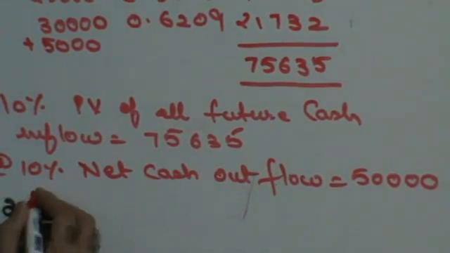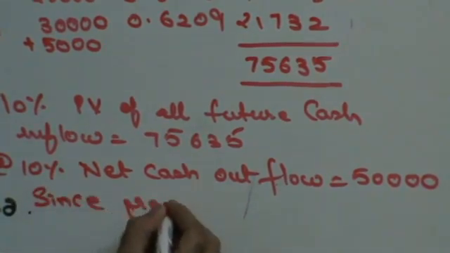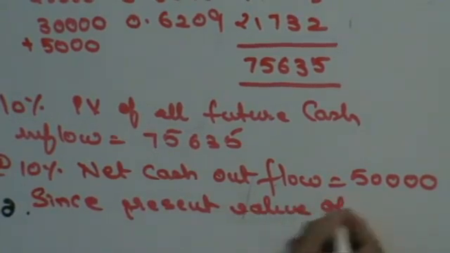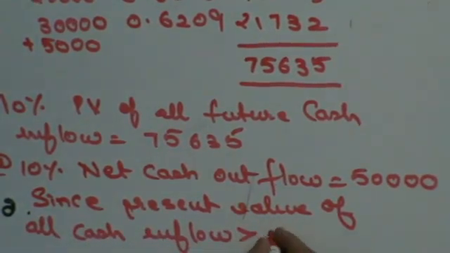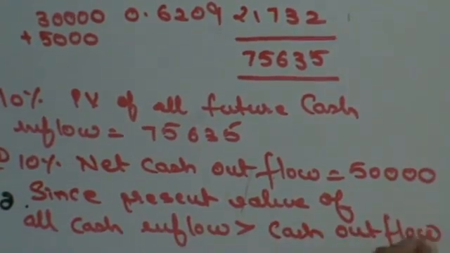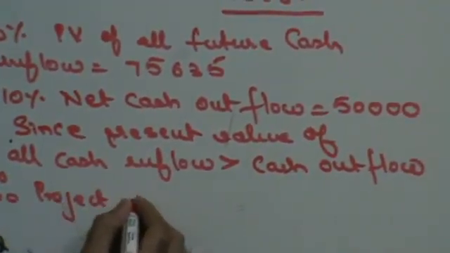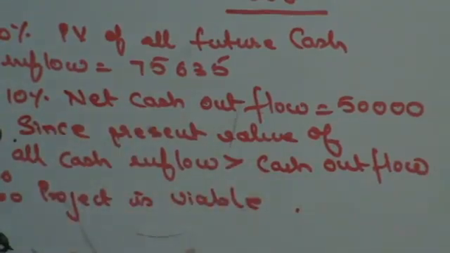I can say, since present value of all cash inflow is greater than cash outflow, therefore project is viable. That's how you come to know that the project is viable, right?